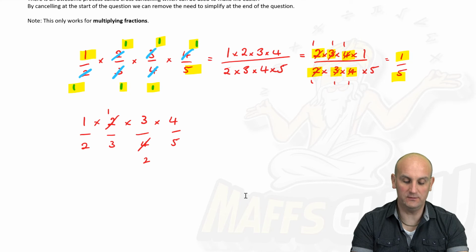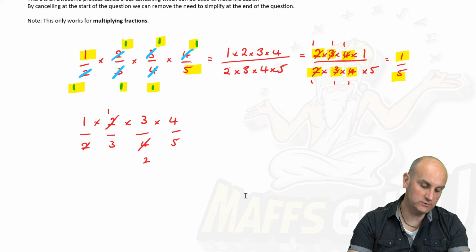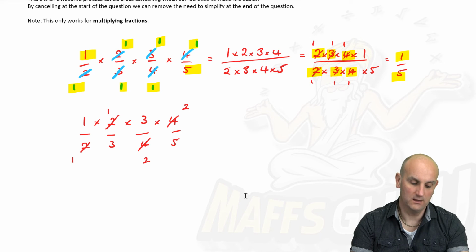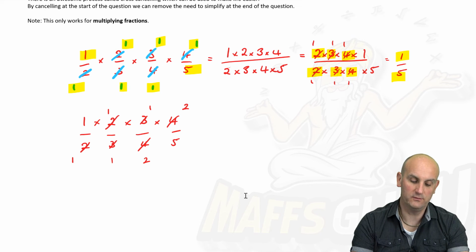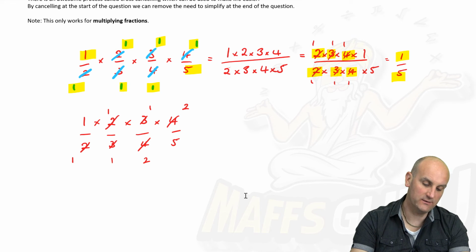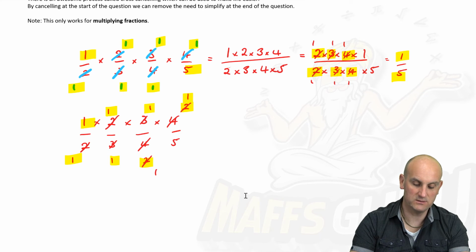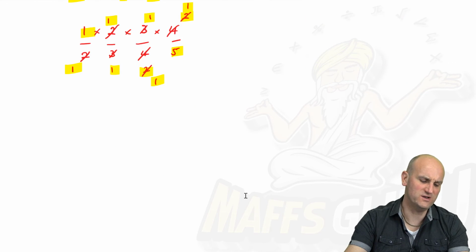I can absolutely do this. 2's into 2 go once, 2's into 4 go twice. What do I notice? 3's into 3 go once, 3's into 3 goes once. And I happen to notice now that I've got a 2 here and a 2 here. So 2's into 2 go once, 2's into 2 goes once. And what am I left with? 1 times 1 times 1 times 1. 1 times 1 times 1 times 5. Oh my goodness gracious me.